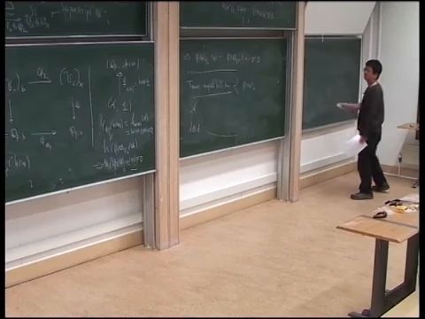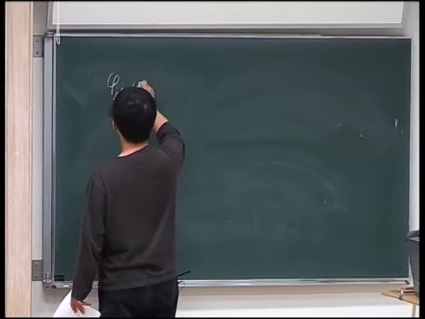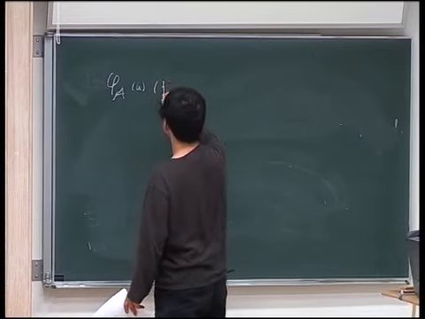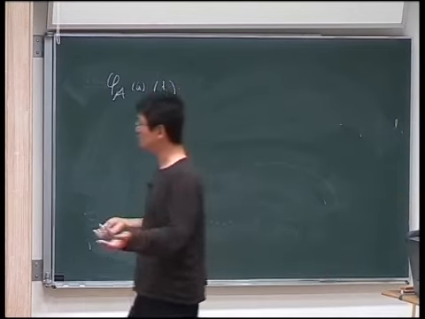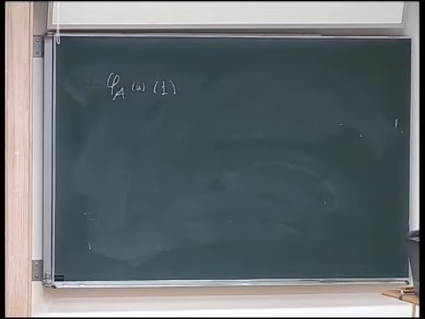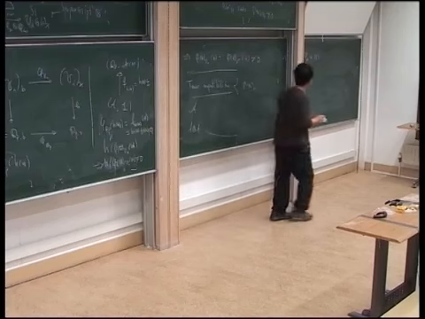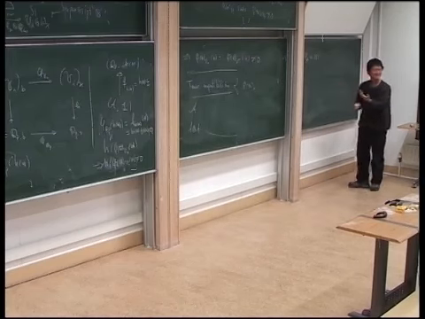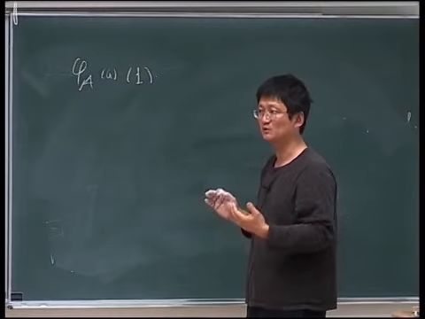So first of all, phi A of 1, what is it? By definition, we're supposed to take the unique map from A to A that takes 1 to 1, and evaluate it on A. But that's the identity map, right? Obviously, the unique map from A to A that takes 1 to 1 is the identity map.